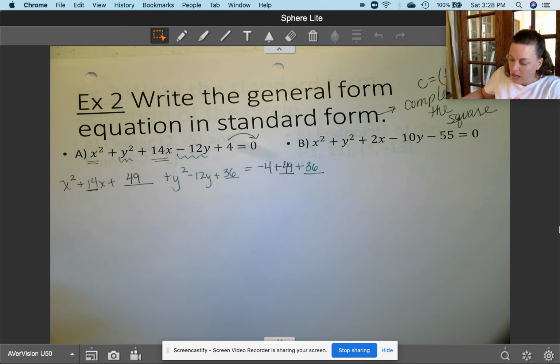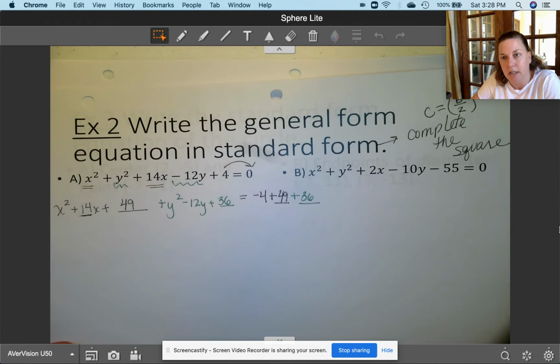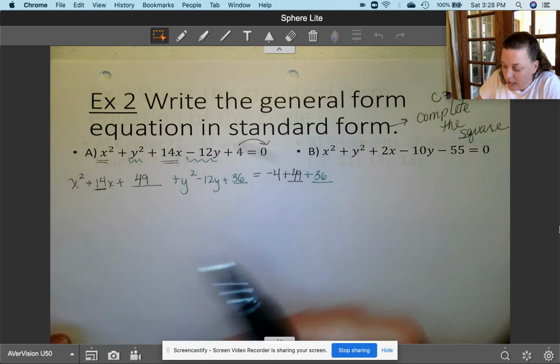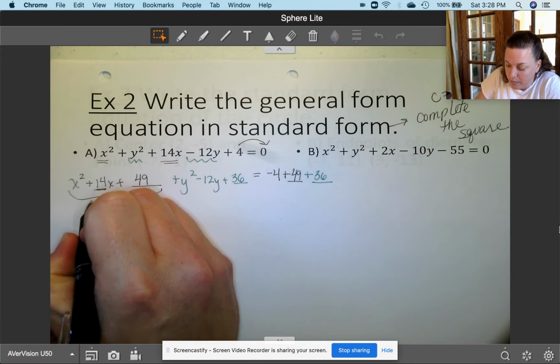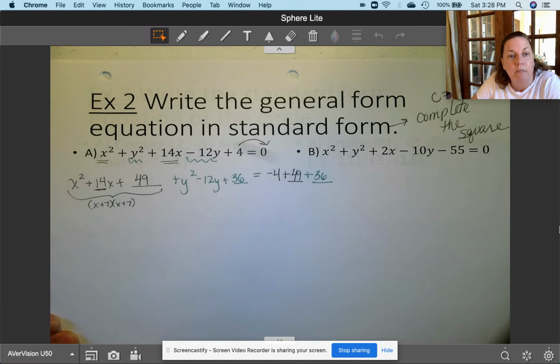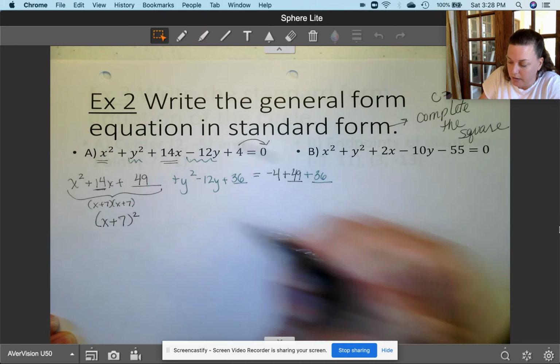Once you've added in those very special C values, what we've done is created a trinomial that factors perfectly. This double bubbles as x plus 7 times x plus 7, or simply x plus 7 squared.